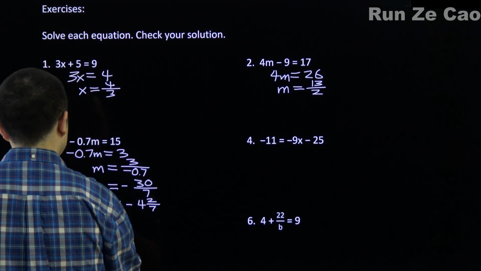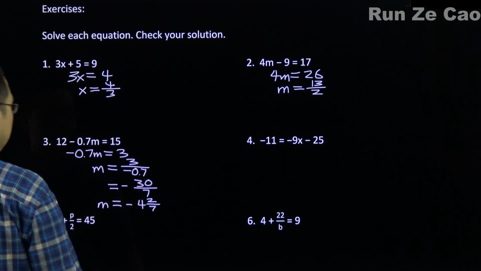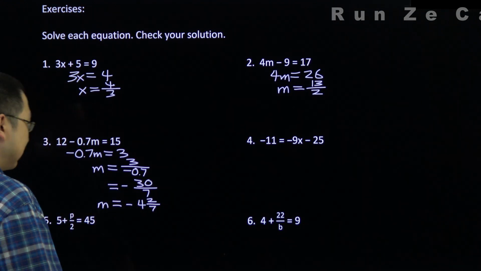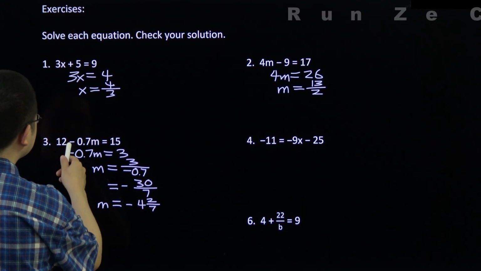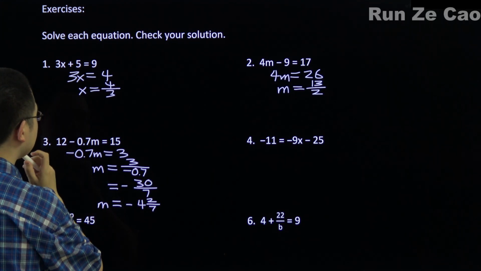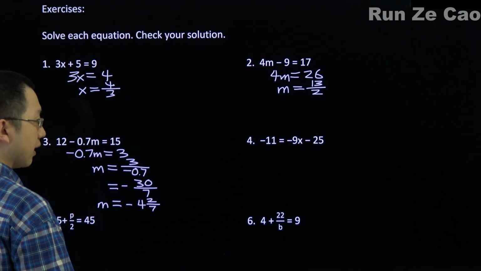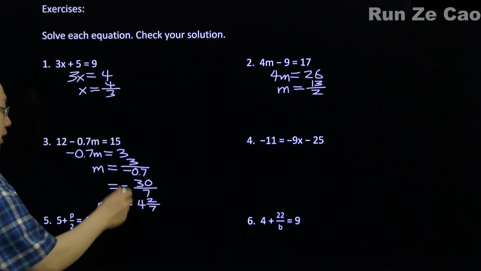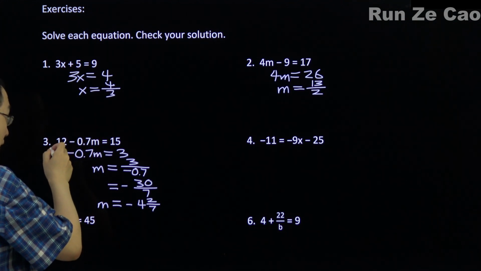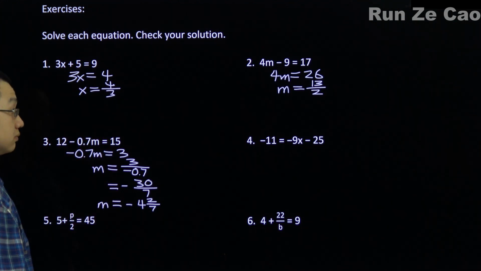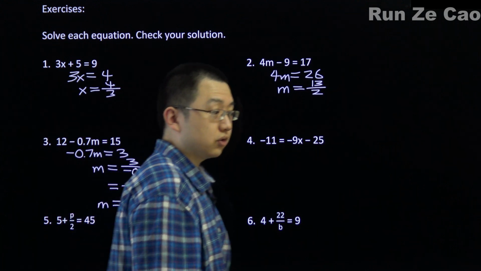Okay, so what happens if we substitute this back in? Oh, negative 30 over 7, times negative 0.7. Well then, we end up with positive 3. So 12 plus 3 is equal to 15. Okay, it works.